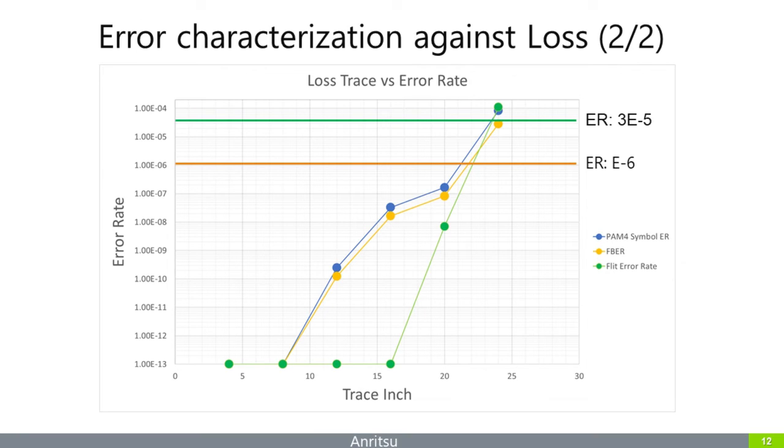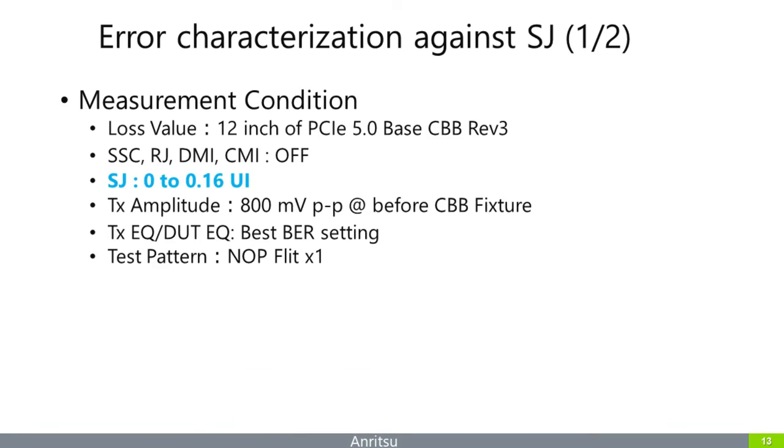Then when the FBER is E minus 6 or better, the retry rate is less than 3E minus 5. So it verified the FBER can be used to judge whether or not retry rate doesn't exceed the criteria of 3E minus 5.